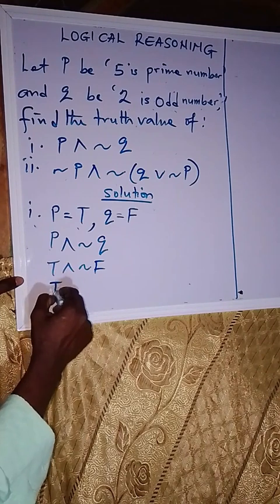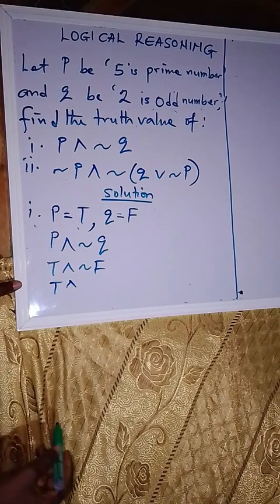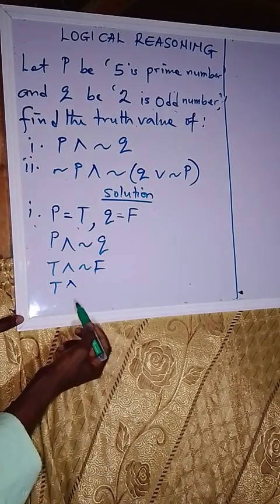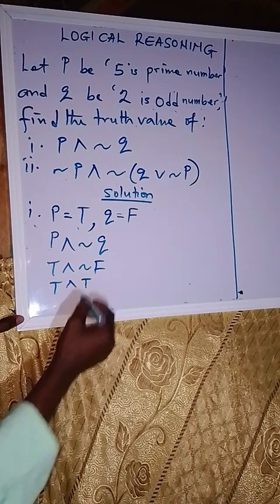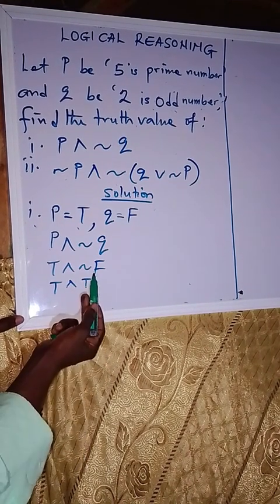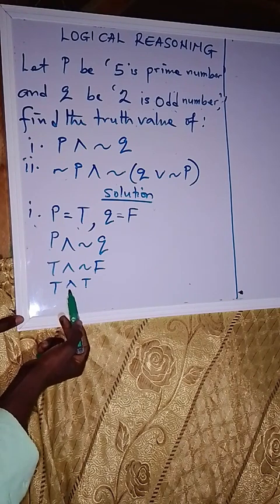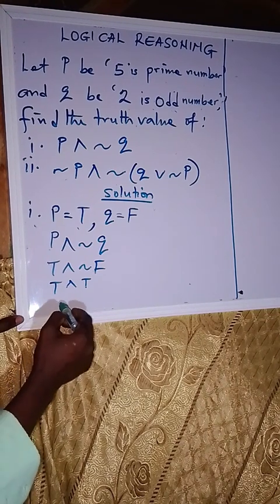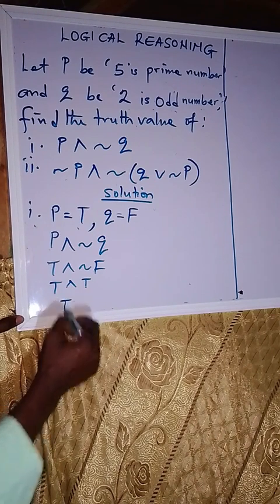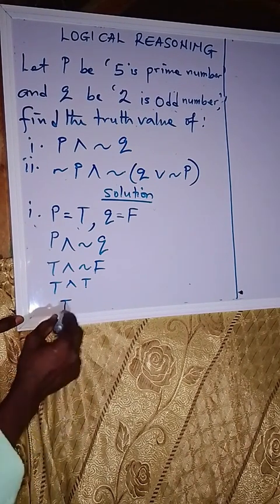So we now have true and the negation of false, which is true. So we now say true and true. True and true will give us true. So that's the first one.